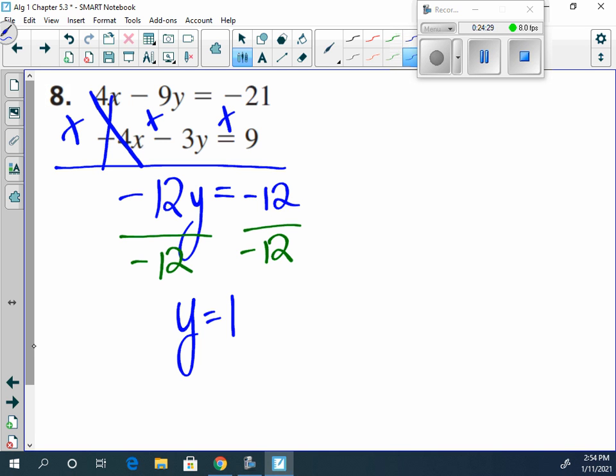Negative 12 times 1 is negative 12. Because when we multiply or divide, the signs cancel out. When we add or subtract the same signs, it just makes them a bigger or smaller version of themselves. Yeah, it's odd. Negatives are weird.